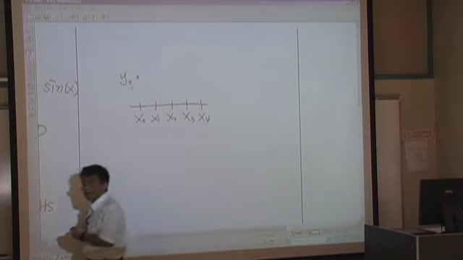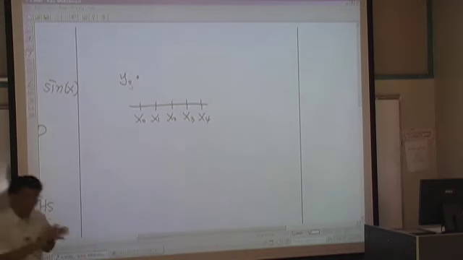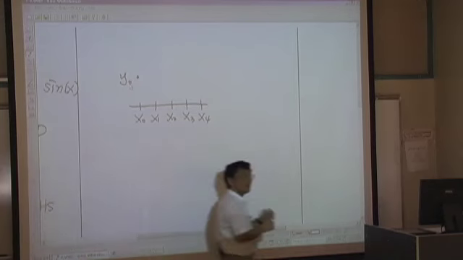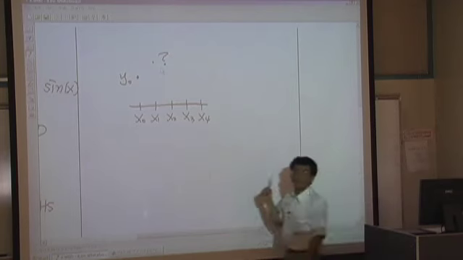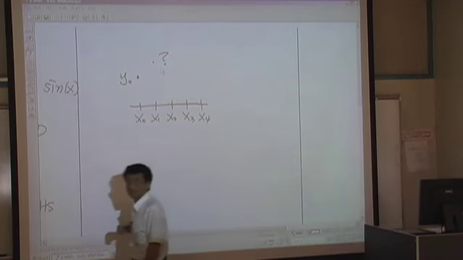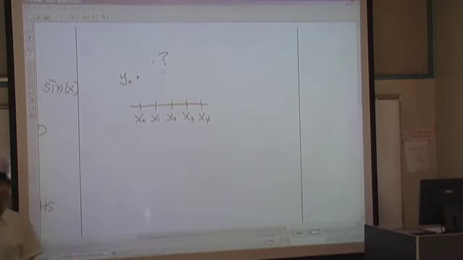So in short, numerical method of solving differential equation is determining the next height. This is it. This is the numerical method. Determining the next height.